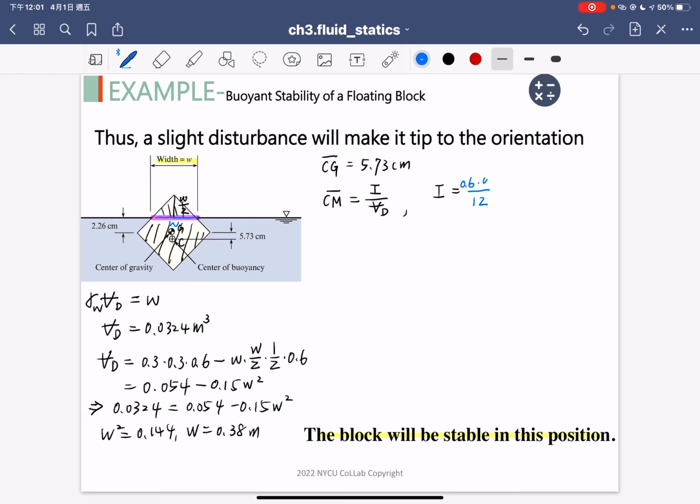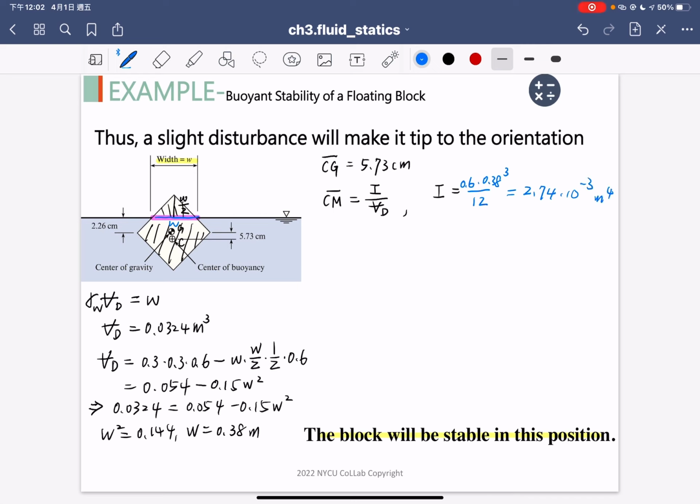The width is 0.38 cubed. So we can compute the number for this question, multiplied by 0.6, divided by 12. So this is around 2.74 times 10 to the minus 3 meters to the fourth power.